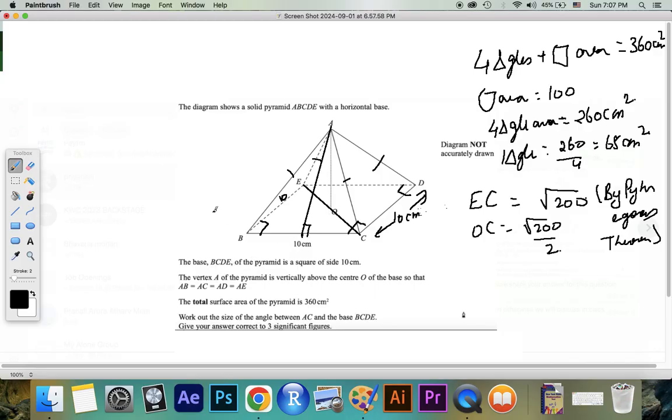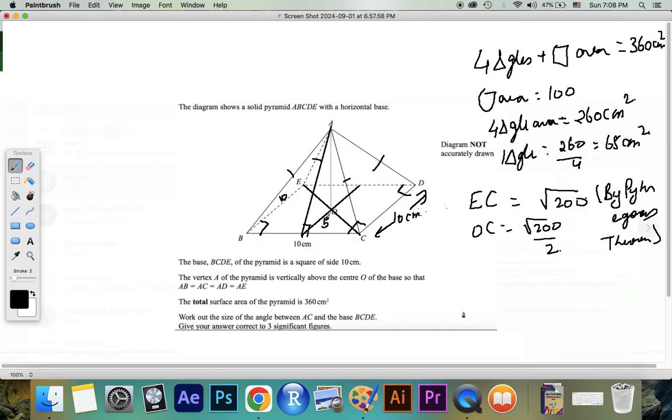Next, what do we know? This distance from here till all the way till there, if you draw from here, this would be 5 and 5 each. So we have OC, which we found out, which was square root 200 over 2.